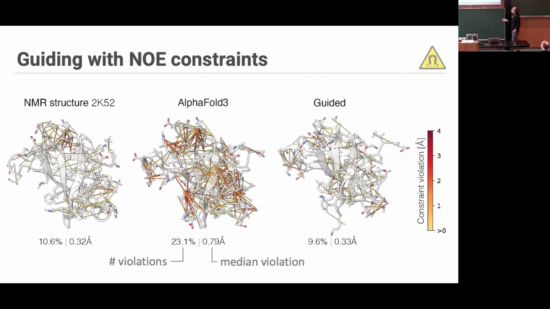I would like to show you also the solution of this inverse problem of reconstructing the structure from distance constraints that we measure with NMR from the nuclear Overhauser effect. This is the NMR structure that was deposited to the protein data bank. So the way NMR people typically solve for such structures, right?